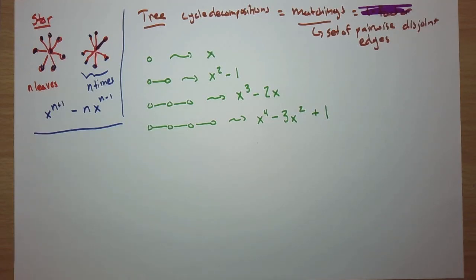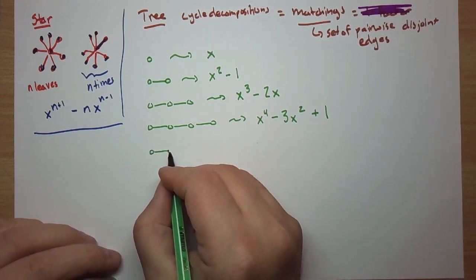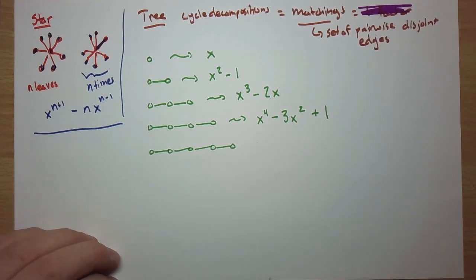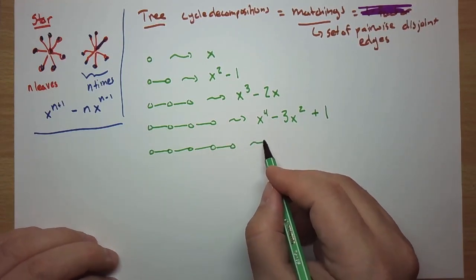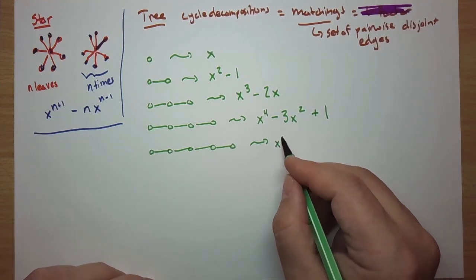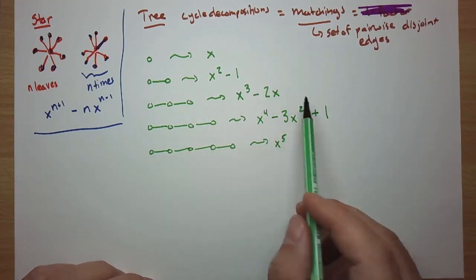Now, one more, and then we'll see. Perhaps you've already seen this. Okay, first off, it's x to the 5th. Now you might notice all the powers are odd or even.